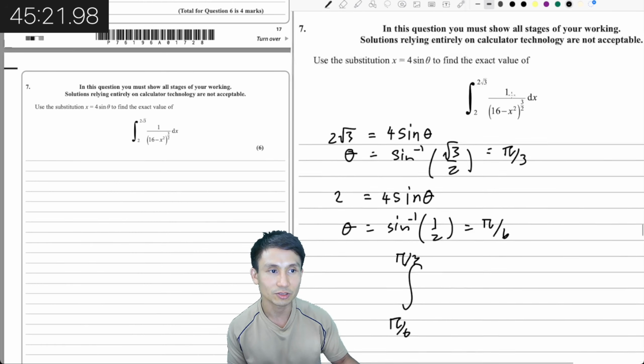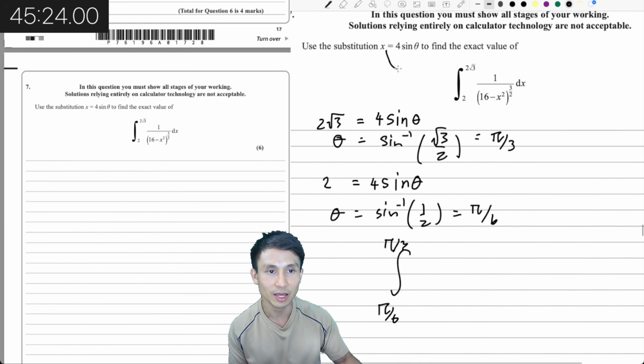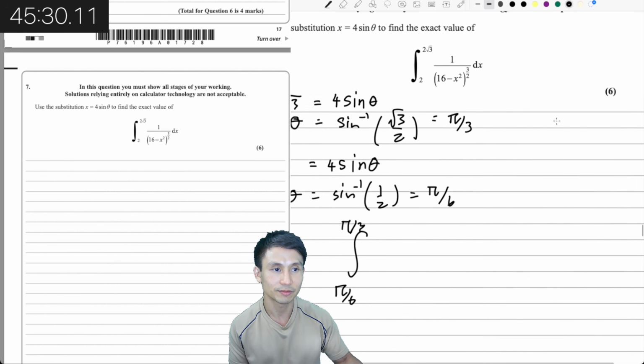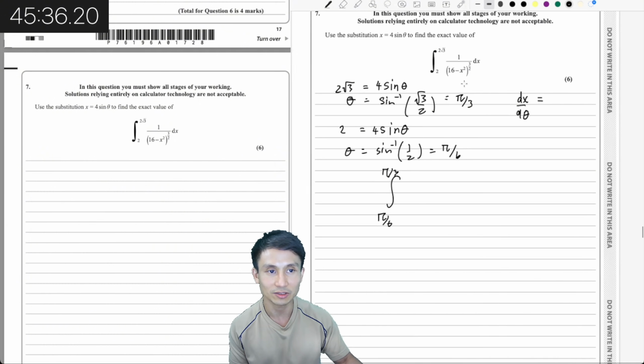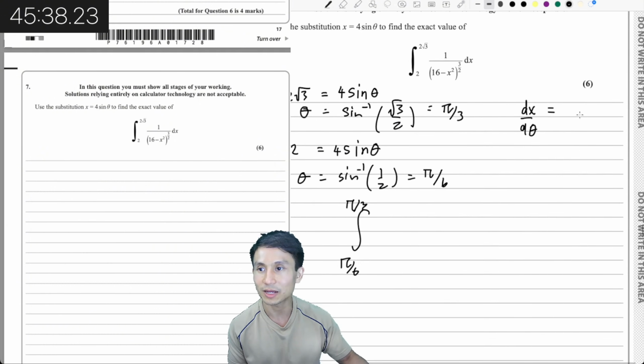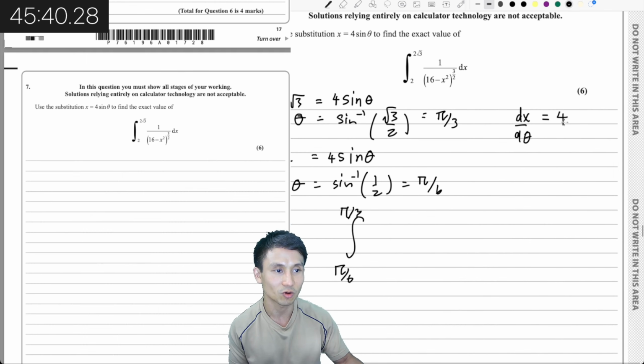Okay, now substitution, right? So we're going to sub 4 sine theta in for the x here. But let's do dx by d theta first, because we're going to change dx to d theta as well. So dx by d theta is 4 cos theta, just differentiating the sine. So that means dx is 4 cos theta d theta.